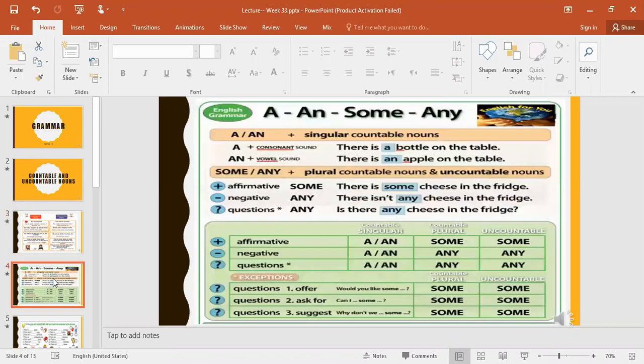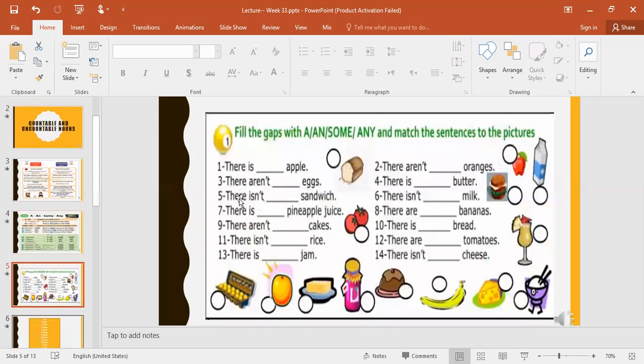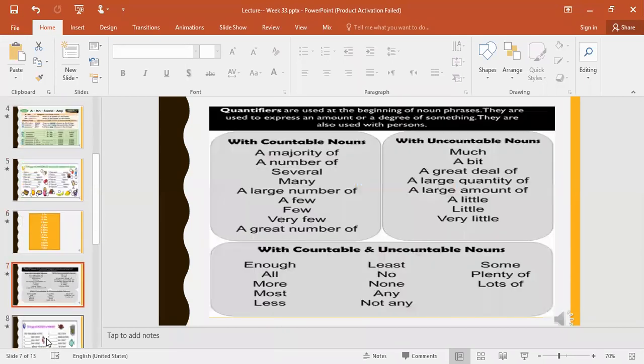And then we explained the quantifiers a, an, some, and any in the negative, in the question, and in the affirmative form also. We solved an exercise which is related to these quantifiers. And now we are going to continue.